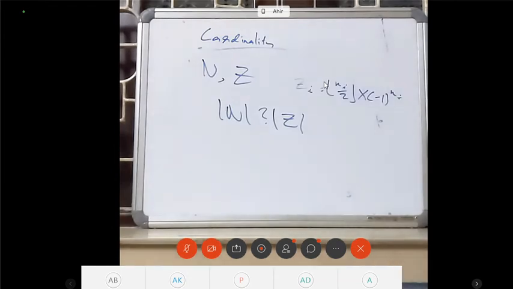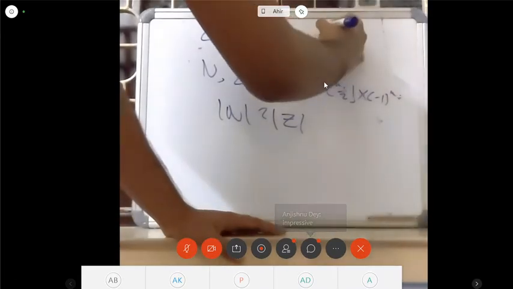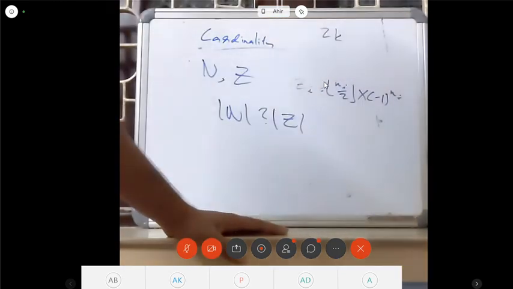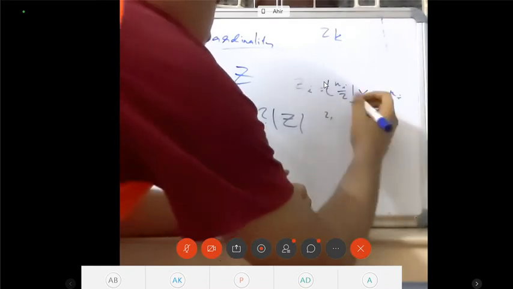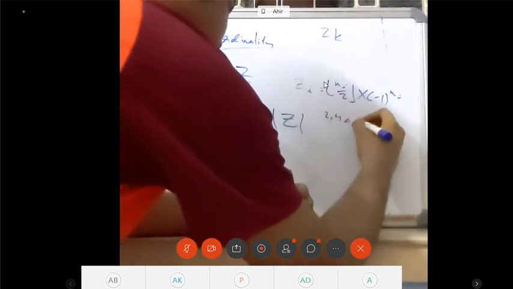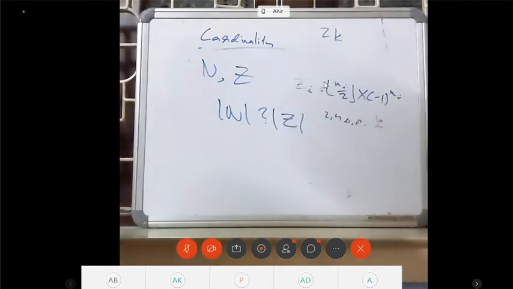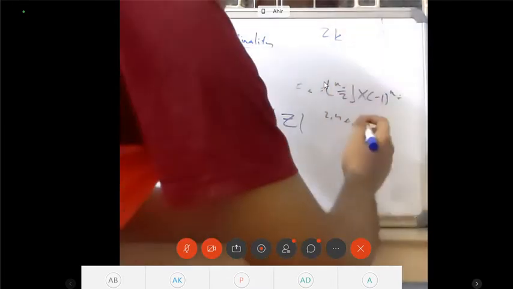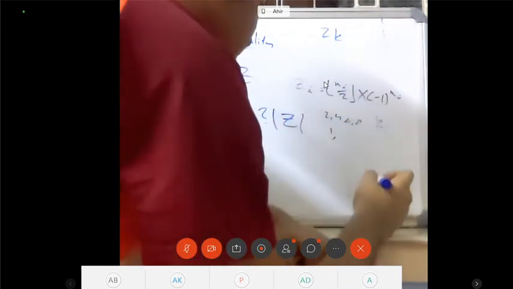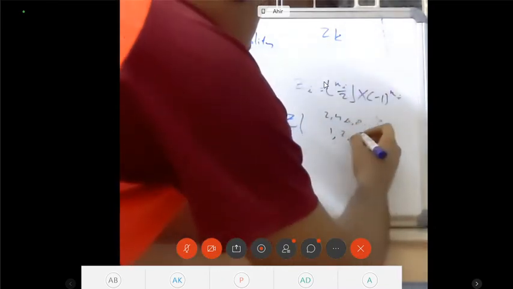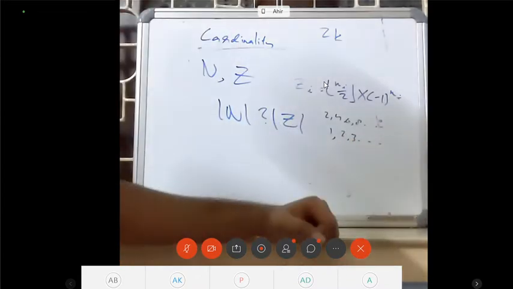Okay, so if we have 1, you are mapping it to 0. Suppose you have a natural number of the form 2k. So 2, 4, 6, 8 in natural numbers are getting mapped to 1, 2, 3 and so on.